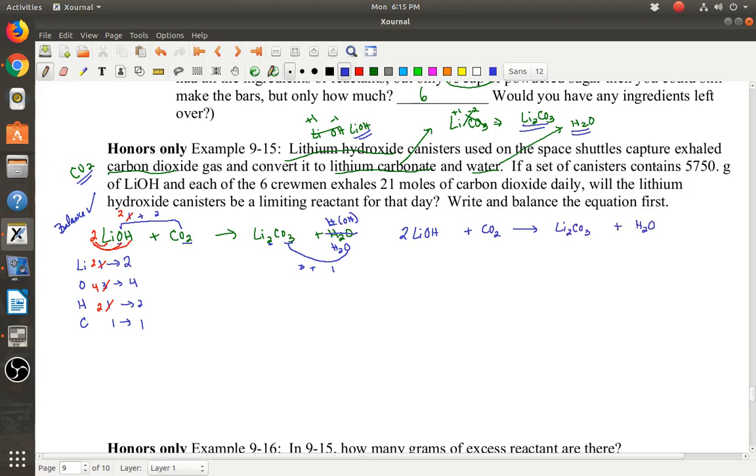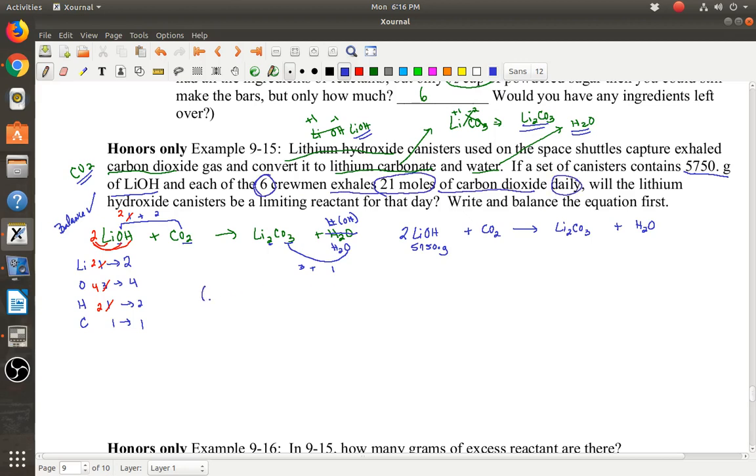All right, now let's read the rest of the question. If a set of canisters contains 5,750 grams of lithium hydroxide, notice there's a dot, and each of 6 crew members exhales 21 moles of carbon dioxide daily. All right, so let's think about that.